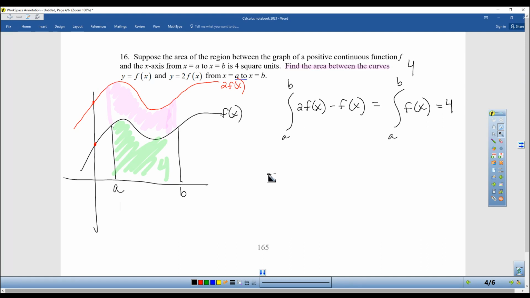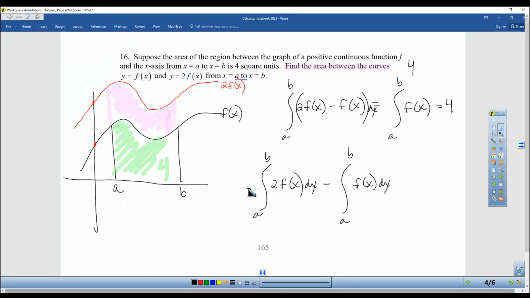Another way you could think about it is if you did the integral separately, so the integral from a to b of 2 f of x would be the whole entire region. I'm really bad with my dx's, so sorry. Minus the integral of just f of x, the green region, from a to b.